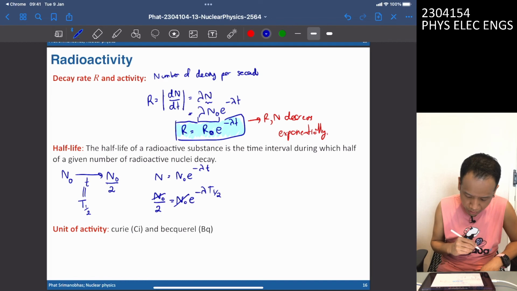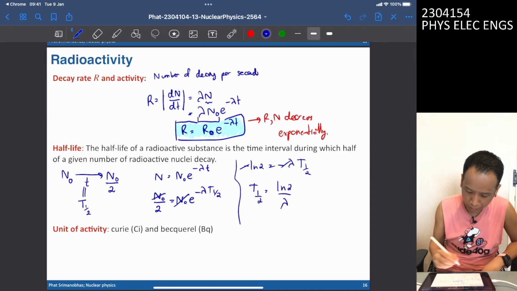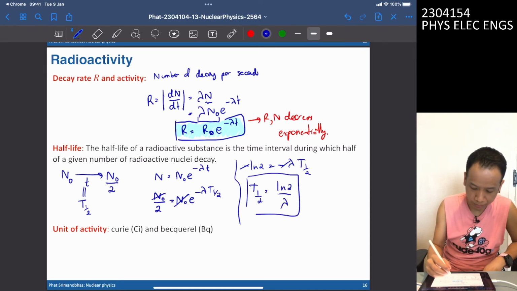Then you can cancel N0 and take the natural log. So minus log 2 equals minus lambda t half. The minus signs cancel, so the half-life equals natural log 2 divided by the decay constant.